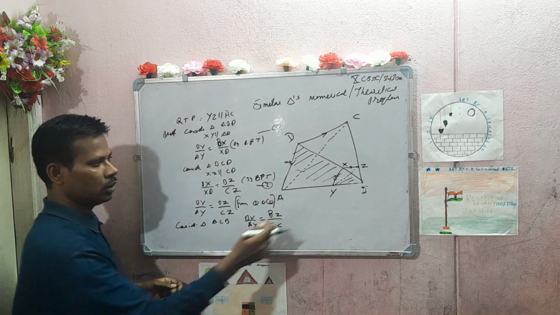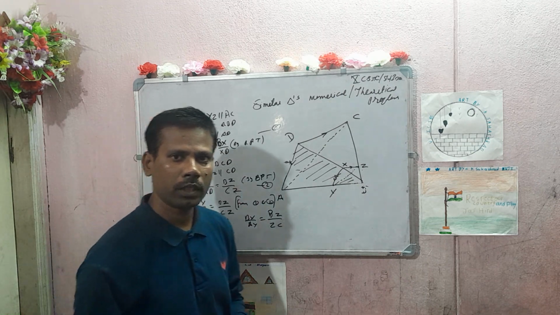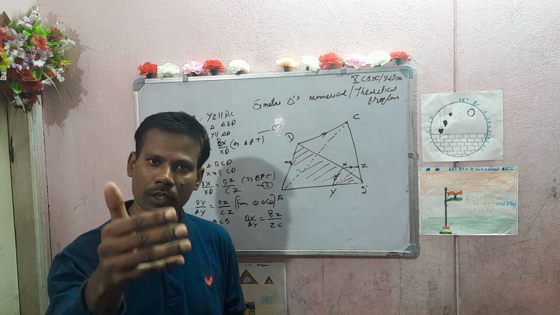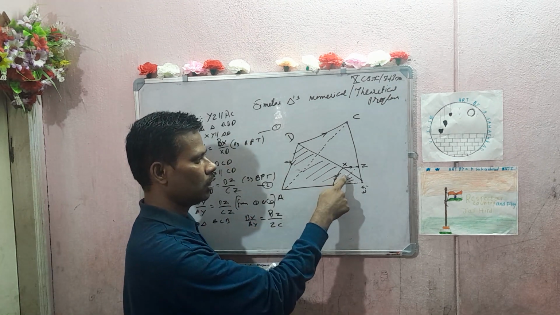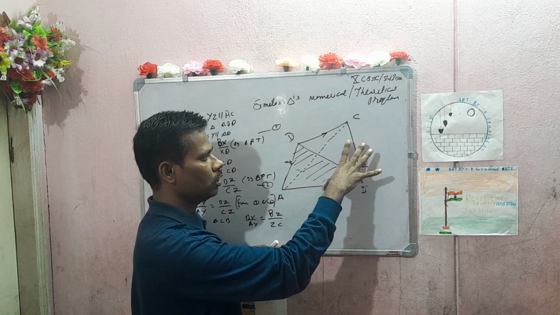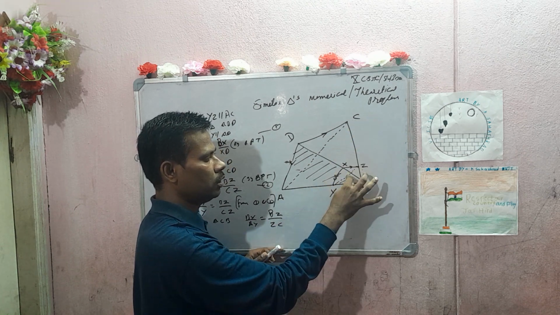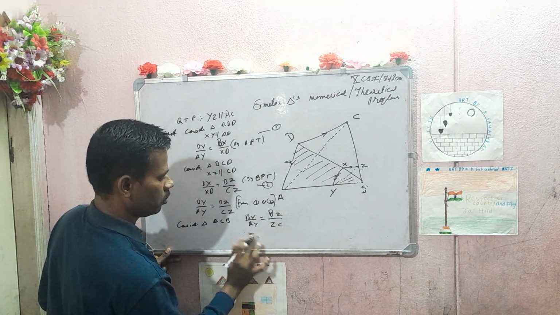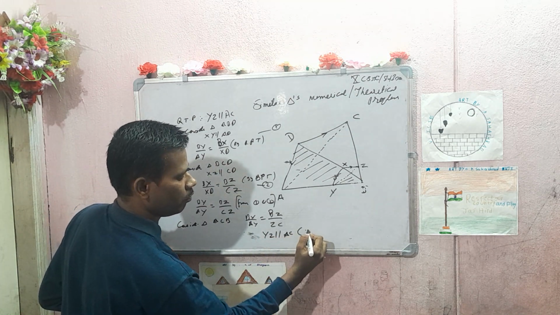So, since the ratios are the same, what can you say? What is the converse of the basic proportionality theorem? If a line divides the other two sides in the same ratio, then that line is parallel to the third side. This line is dividing the other two sides in the same ratio. These are the other two sides. BY by AY is equal to BZ by ZC. That means this line is parallel to this one. Therefore, YZ is parallel to AC.